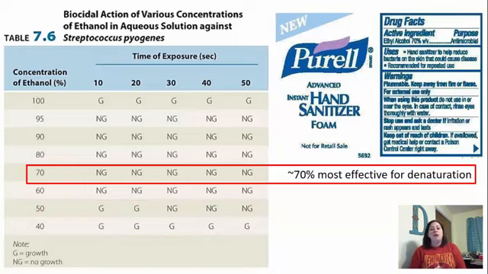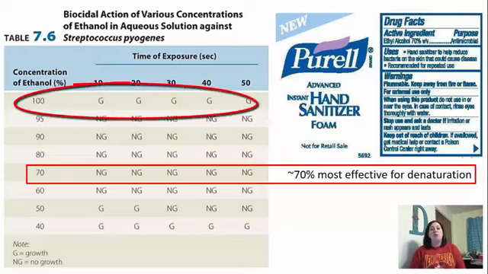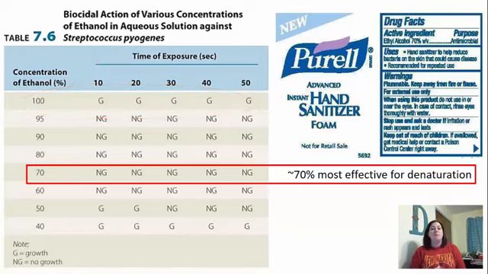If you look here also at the 100%, if you use 100% ethanol, there's growth with the time of exposure. And so 70% has been found to be the most effective percentage for denaturing the proteins. This is why most of these products on the market are normally a 70% ethanol concentration. The reason this percentage is less than 100% is that in order for denaturation to take place in the proteins, water has to be present.